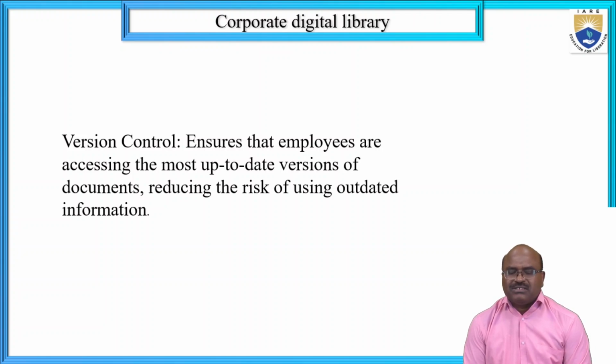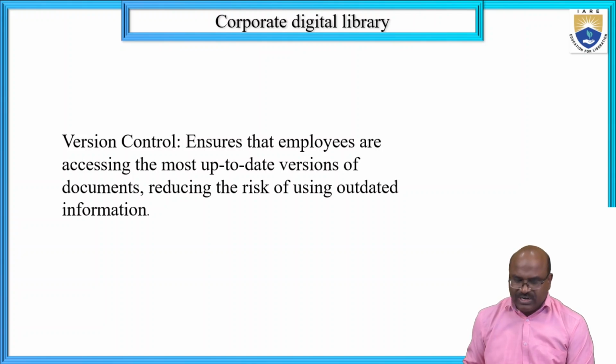In the corporate digital library, updated versions are utilized. This ensures that employees are accessing the most up-to-date versions of the documents, reducing the risk of using outdated information. So in the corporate digital library, day-to-day updated versions are also required.